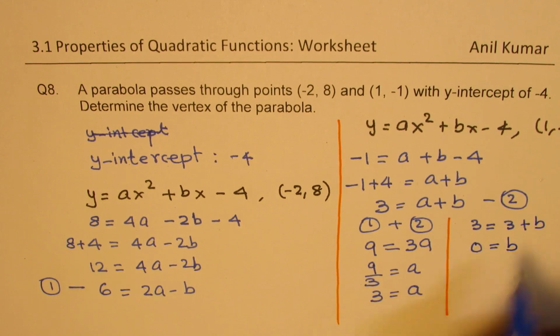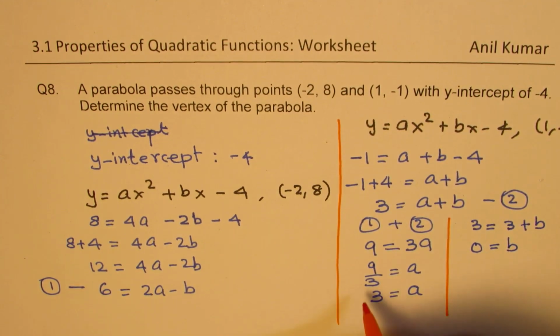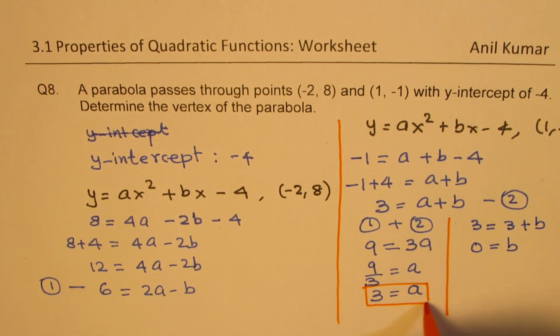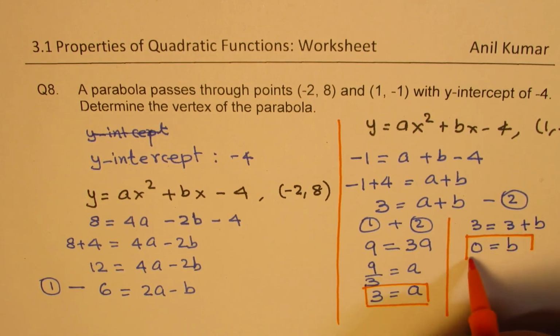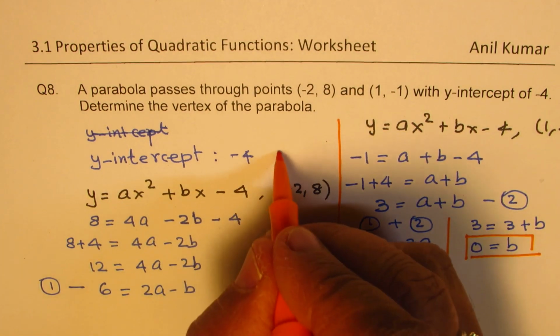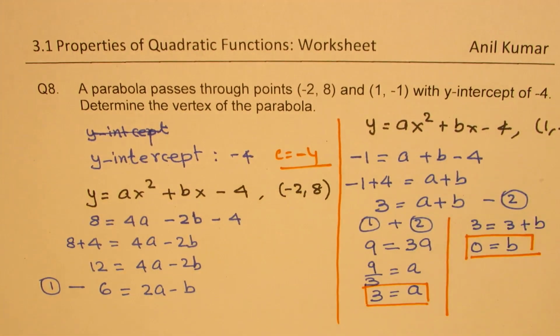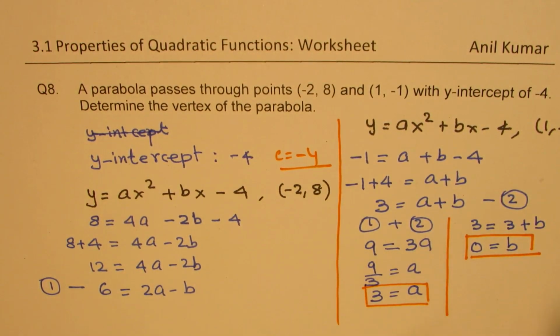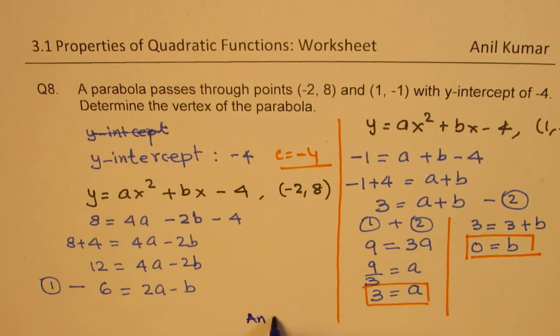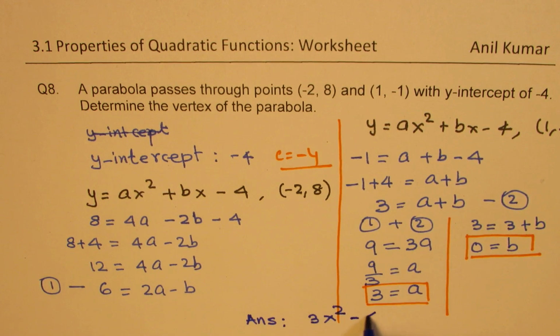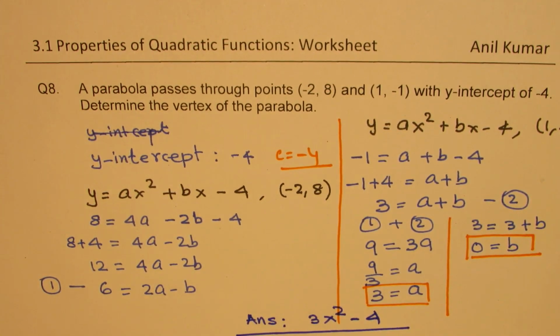Since we have all these values, we can now write the quadratic function. C already was minus 4. So our answer here is that the equation is 3x squared minus 4. Correct? So that becomes the equation.